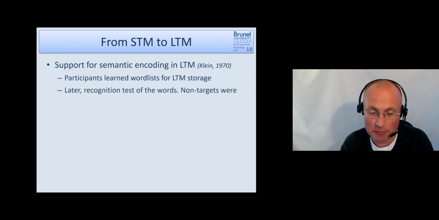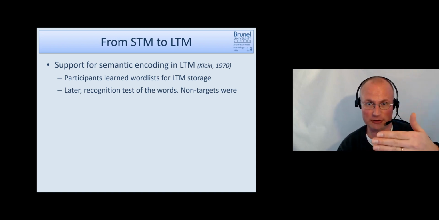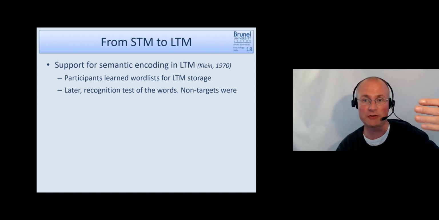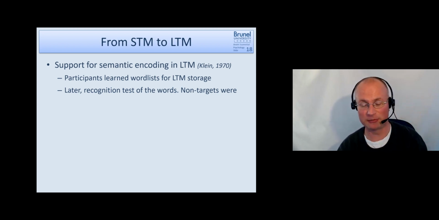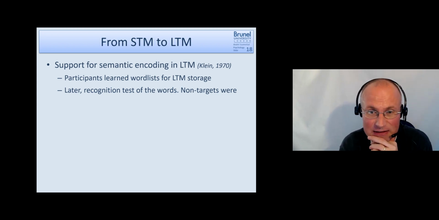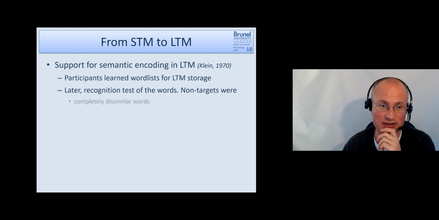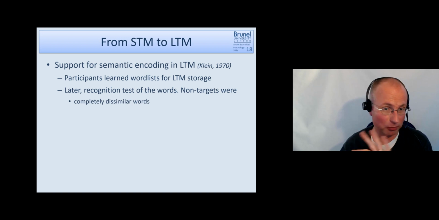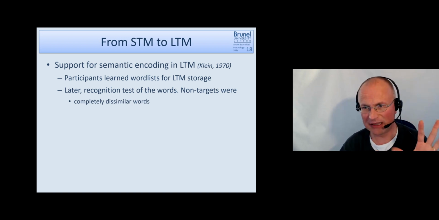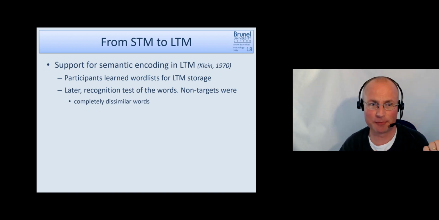They then did a recognition test, so again the words they learned were intermingled with words, the non-targets, they hadn't learned. What Klein did is manipulate the nature of these non-targets. They can be completely dissimilar words, and that was easiest to differentiate.